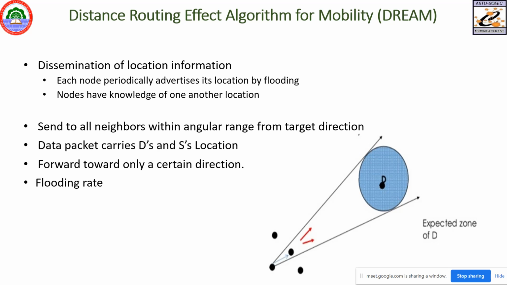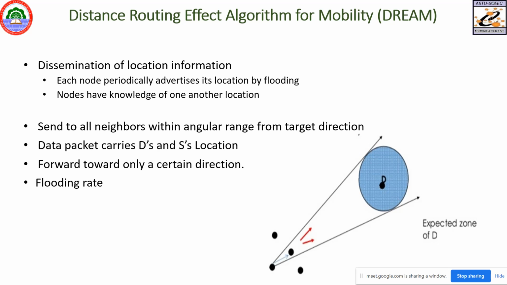As it is a position based algorithm specially designed for mobile sensor networks, we can say it is based on a forwarding directional approach that floods the data in a particular direction towards the sink node.